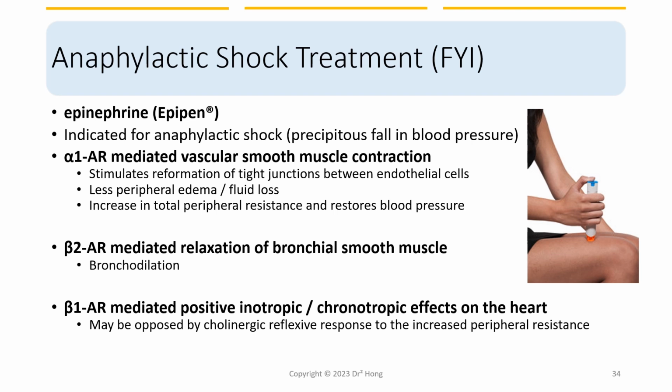Through alpha 1, it will mediate vascular smooth muscle contraction to restore the blood pressure. Through beta 2, it would cause bronchodilation to reverse the bronchoconstriction. And through beta 1, it would act as a positive inotrope and chronotrope on the heart, and increase the blood pressure as well.